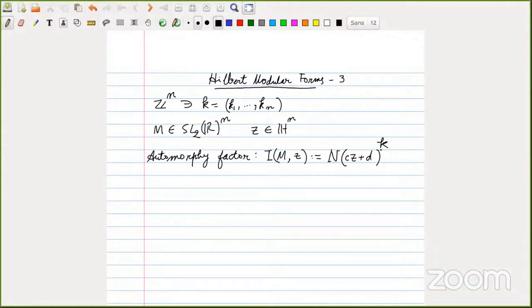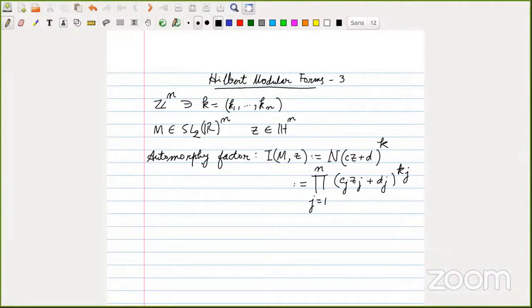I'll explain what the meaning of this is. This is equal to the product of c_j z_j + d_j to the power of k_j, for j equal to 1 to n.